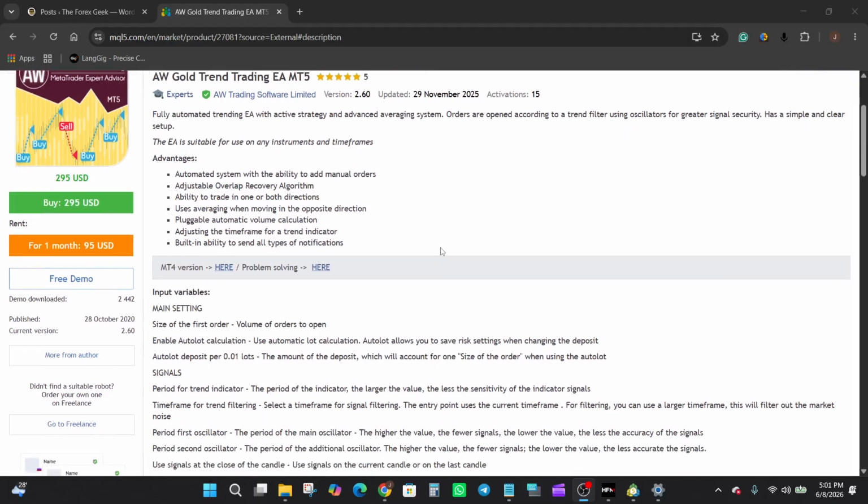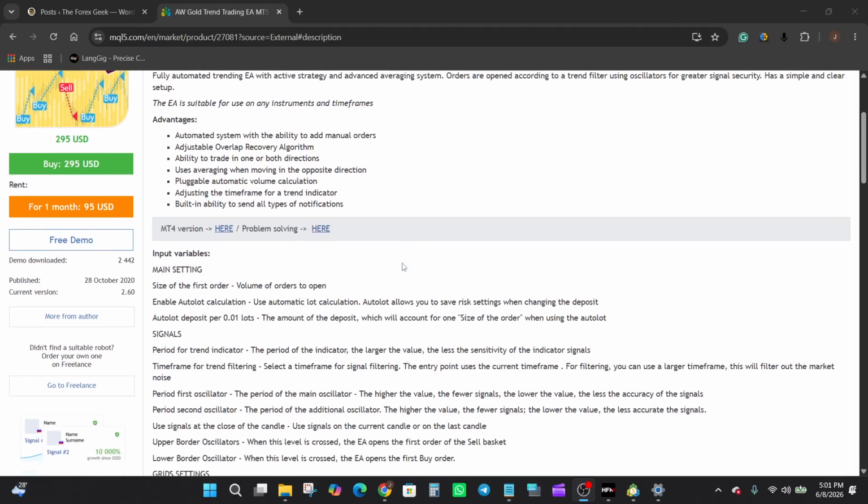Now, from the description, this EA is built as a fully automated trend following system, and it is designed to work across multiple instruments and time frames. Now, the main focus here is on trend filtering combined with oscillator-based signals, which is used to decide when entries are valid.